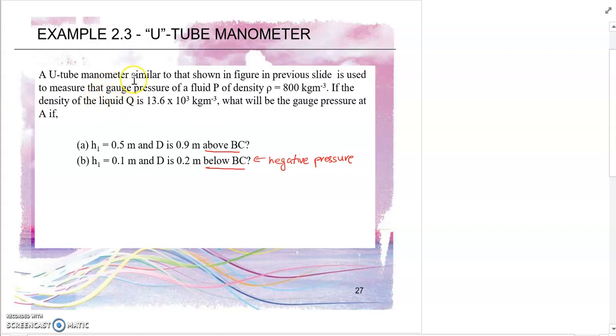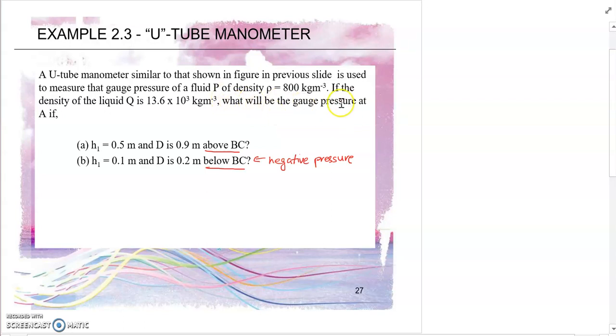A U-tube manometer similar to that shown in the figure in the previous slide is used to measure the gauge pressure of a fluid P of density rho equal to 800 kg per meter cube. If the density of the fluid Q is 13.6 multiplied by 10 power of 3 kg per meter cube, what will be the gauge pressure at A?